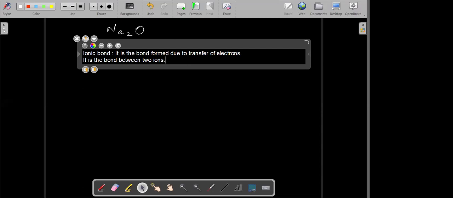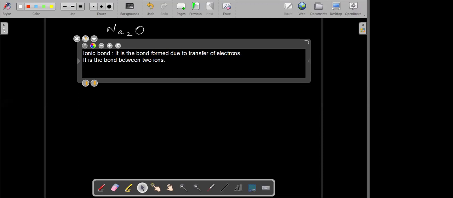Yes, sir. The other way of bond formation, we call it the covalent bond. See now how the covalent bond formation occurs. It is the bond formed by the sharing of electrons.